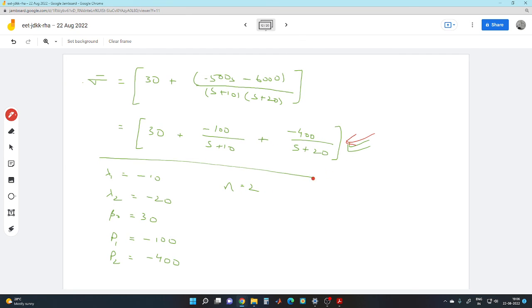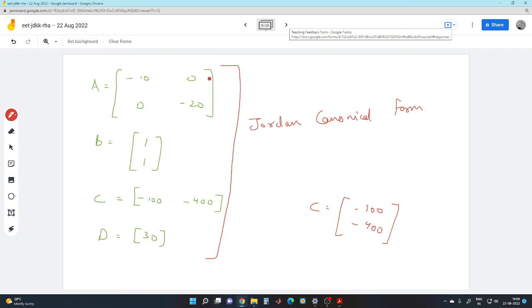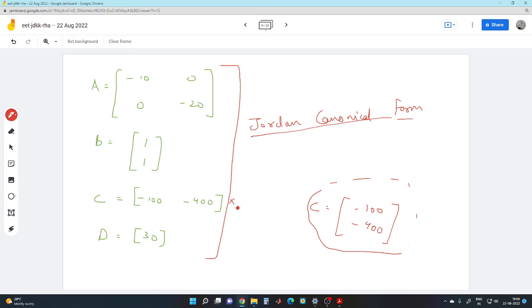Using this form, we obtain lambda 1, lambda 2, beta naught, p1, p2 for n equal to 2, and we use them to finally find the Jordan canonical form of the state space formulation. For further calculation, we use this form of C and not this form. For ease of representation actually, the calculation will remain the same, but we use this form, not this form.